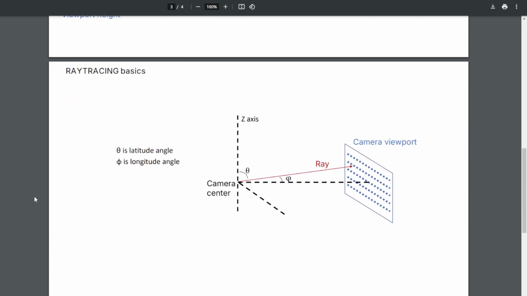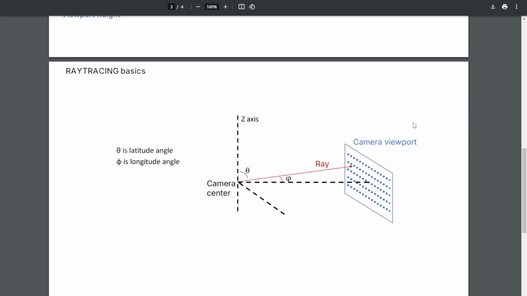So we take the camera center, we have the pixel center, and then we simulate the trajectory of a photon that takes essentially this trajectory. So it started out in the camera center, it ended up in this pixel, and then it follows that trajectory through space.